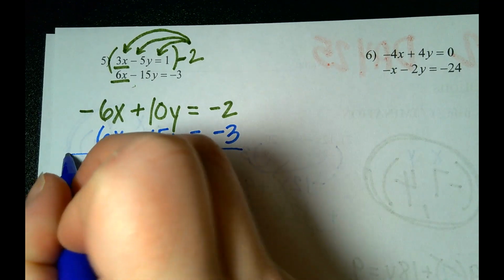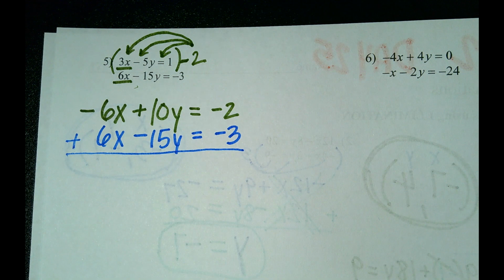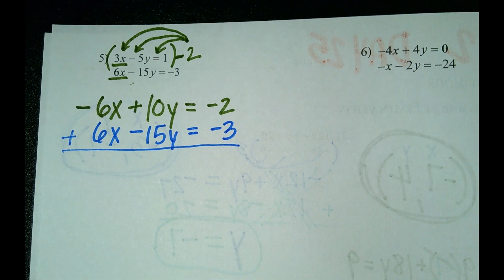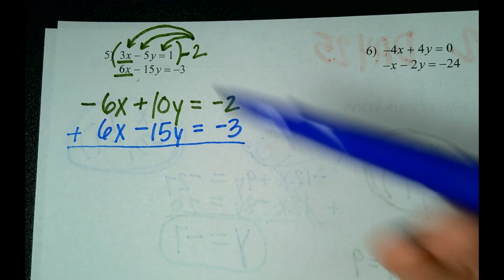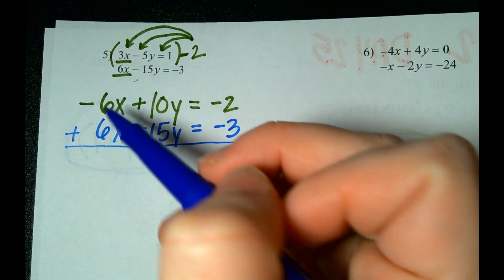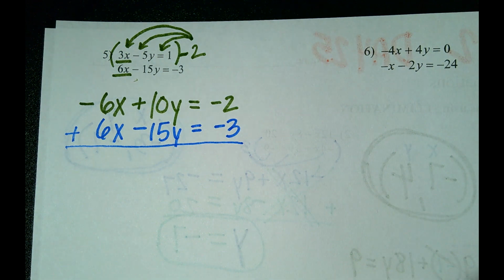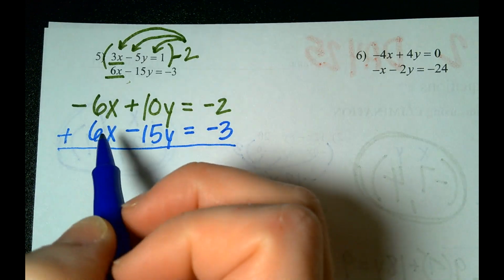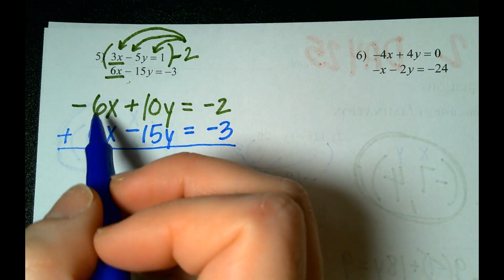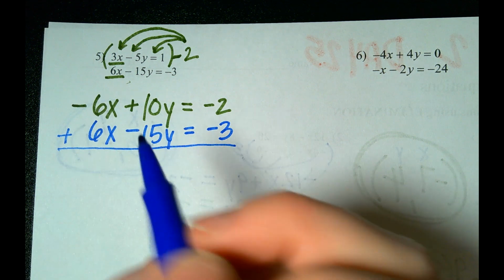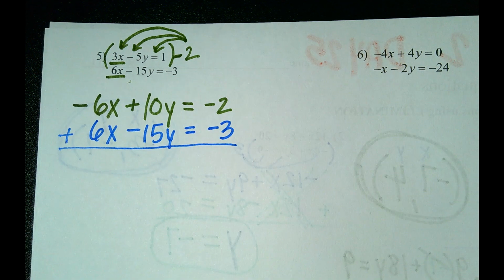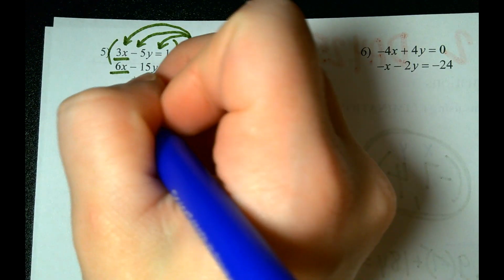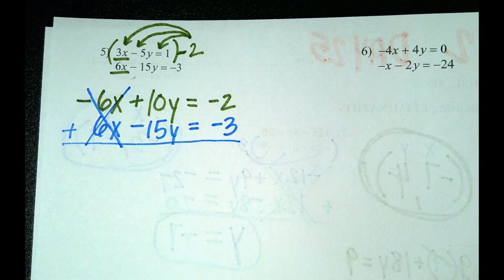And now we're going to add these together. So now that these are all lined up, sometimes seeing them on top of each other makes it easier to see why you need a negative, because if I'm adding -6 plus 6, that will cancel. If this was positive, it wouldn't work. So let's go ahead and cancel those x's.